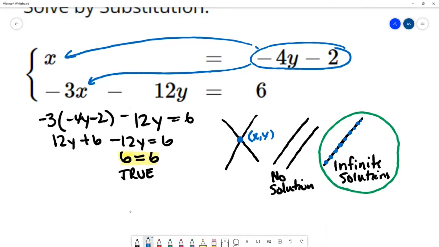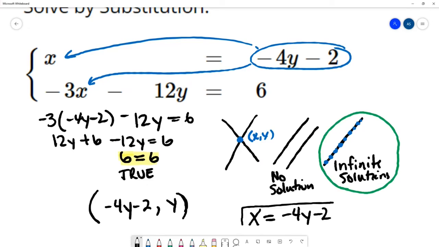Now the ordered pairs will take on the form x, comma y. Let's write it with negative 4y minus 2, comma y. And I wrote it that way because the equation x equals negative 4y minus 2 is that first equation.